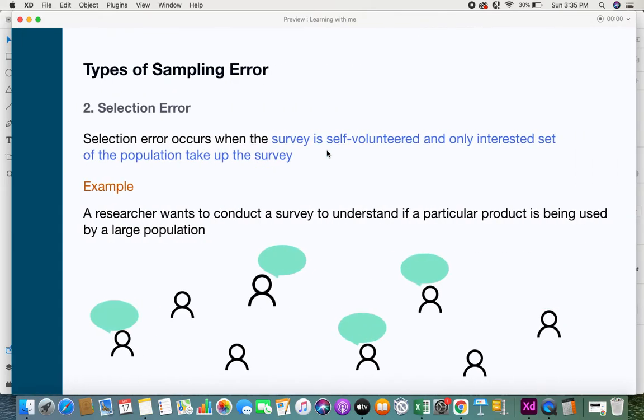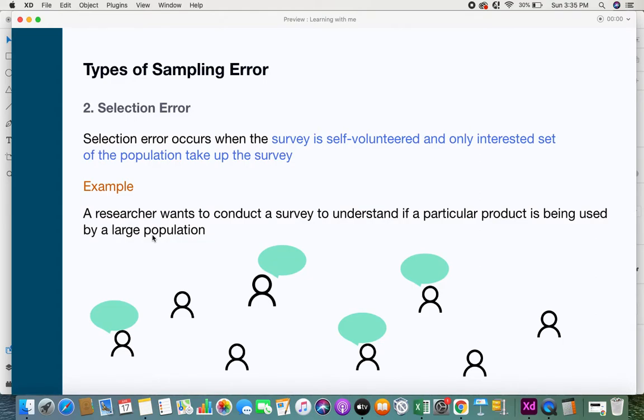The next type of error is called the selection error. Selection error occurs when the survey is self-volunteered and only an interested set of the population takes up the survey. Here is an example. A researcher wants to conduct a survey to understand if a particular product is being used by a large population.